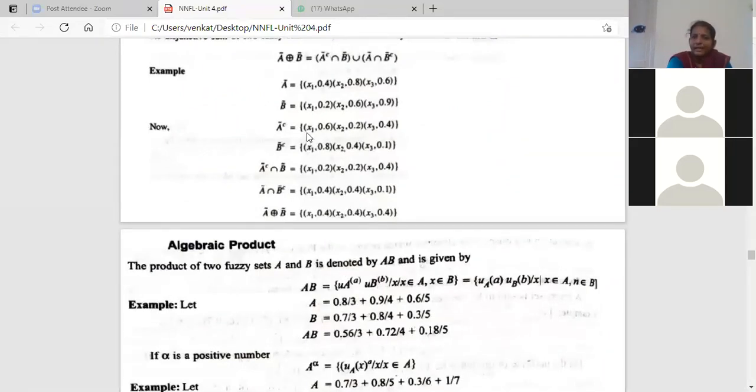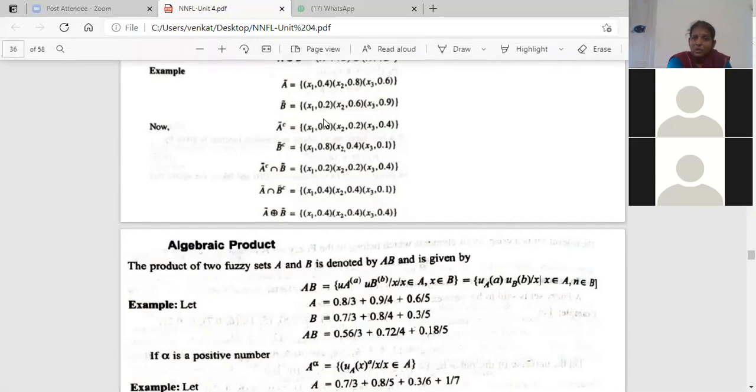So after calculating complements, A complement, B complement, you are evaluating A complement intersection B. Again, minimum of A complement and B. Minimum of these two is 0.2, 0.2 and again 0.4.